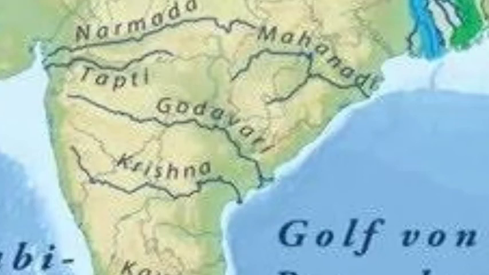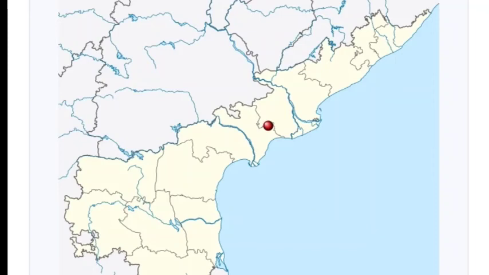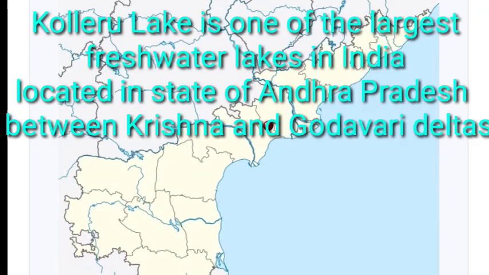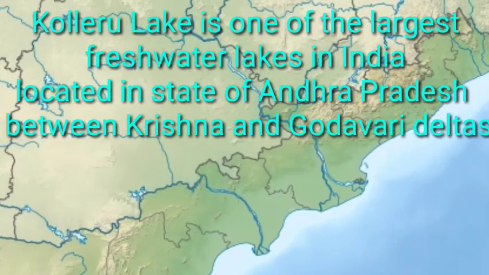And what are the important lakes in the east coastal plains? Yes, Chilka Lake, located in Odisha, and Kolleru Lake, located in Andhra Pradesh. It is a freshwater lake, located between the Krishna and Godavari deltas.